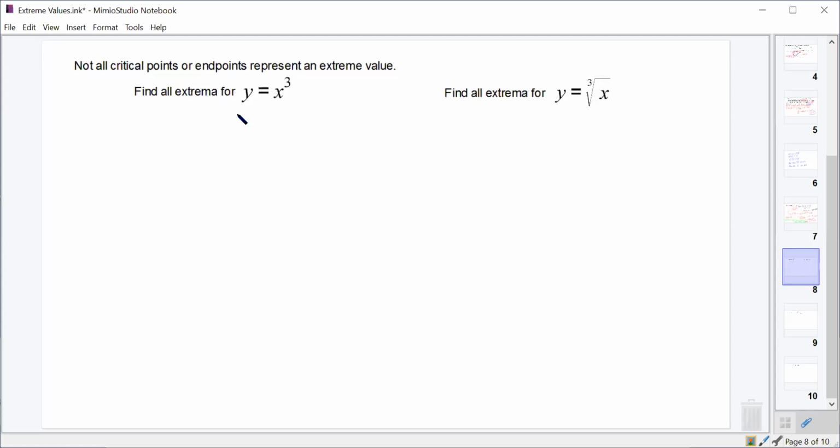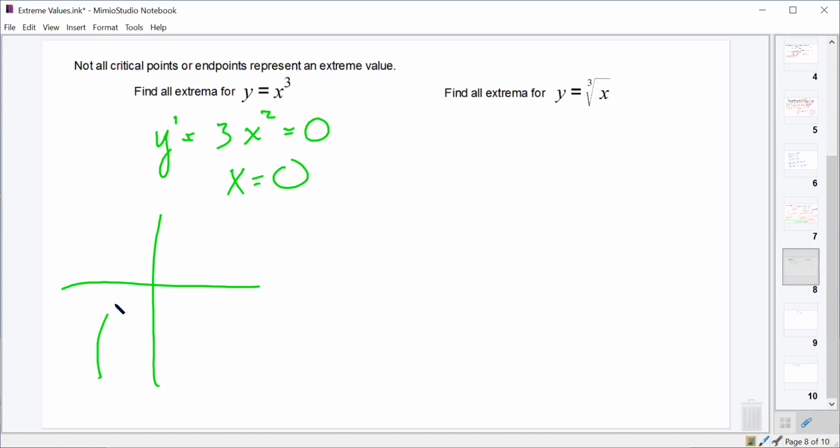What about y equals x cubed? What's the derivative of that? 3x squared. When does that equal 0? When x is 0. What does y equals x cubed look like? Looks like this, right? Is there a local minimum or a local maximum at x equals 0?